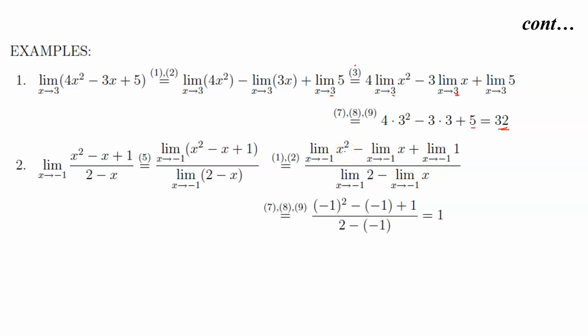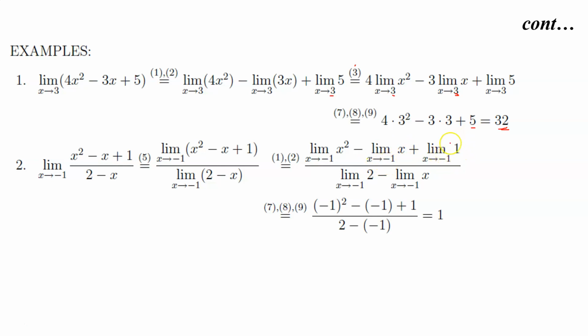Okay, again, let's continue with this. Limit x square. Okay, you just substitute it. What is your x value? Your x value equal to negative 1. Negative 1, and then you square it, then you get this one. And for this one, just x, then you just write it down as negative 1.